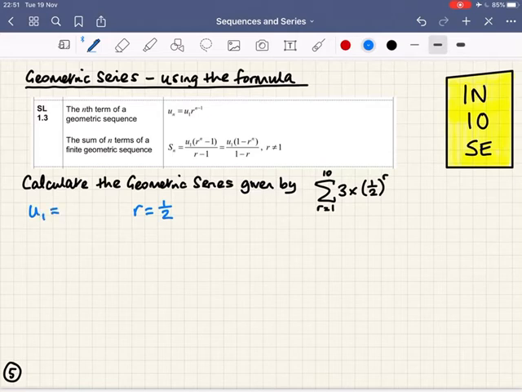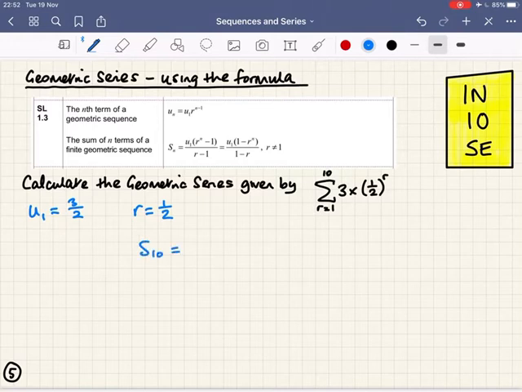I need to plug in what I've got in this notation. When r equals 1, the first term would be 3 times a half to the 1. So 3 times a half is 3 over 2. So my first term is 3 over 2. Just be a little bit careful that you calculate the first term correctly. And then we can just plug that nicely into the formula.